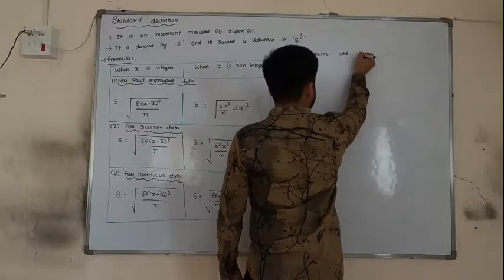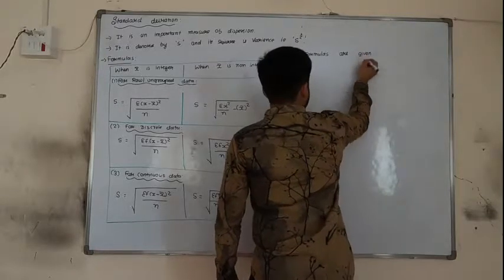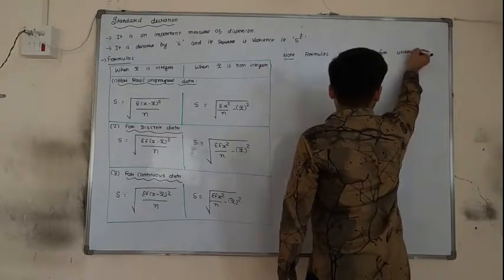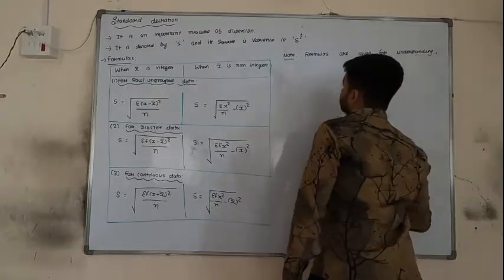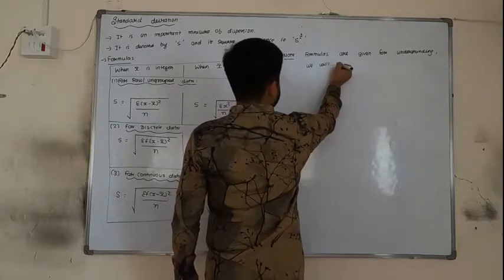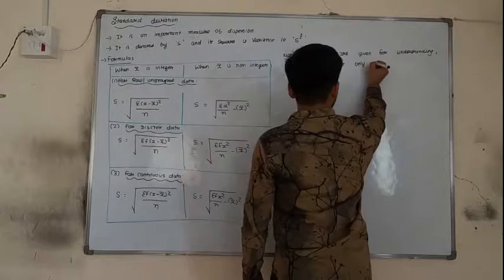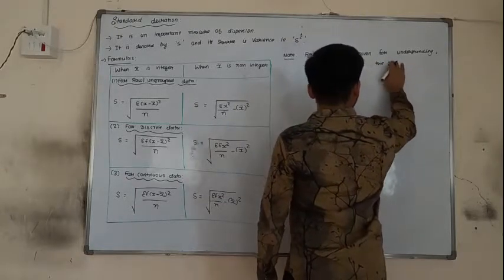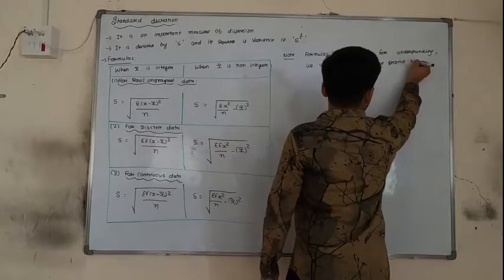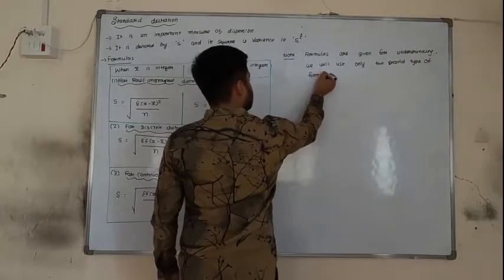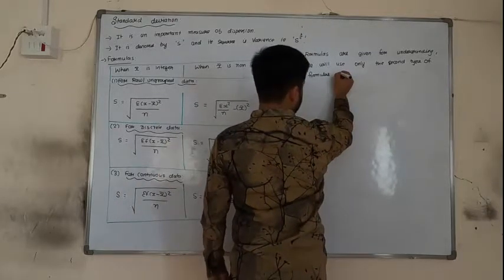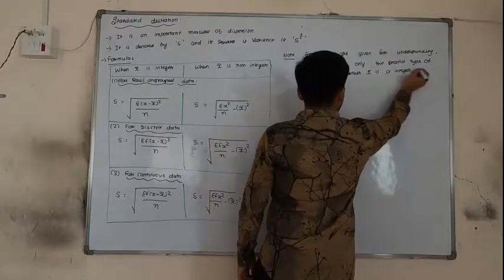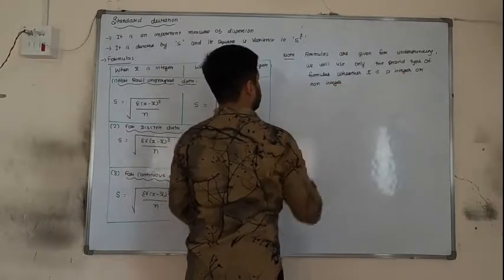Formulas are given for understanding, comma, we will use only the second type of formulas, whether x bar is an integer or non-integer.